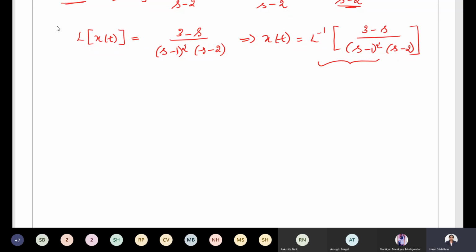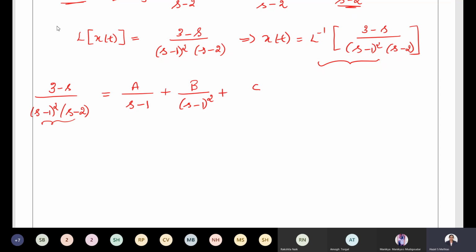Okay, now how shall we find the inverse Laplace transform of this? Again, you can use the method of partial fractions. So 3 minus s divided by s minus 1 the whole square into s minus 2 is equal to what? See, these are the product of linear factors. So you can write it as a divided by s minus 1 plus b divided by s minus 1 the whole square plus c divided by s minus 2.